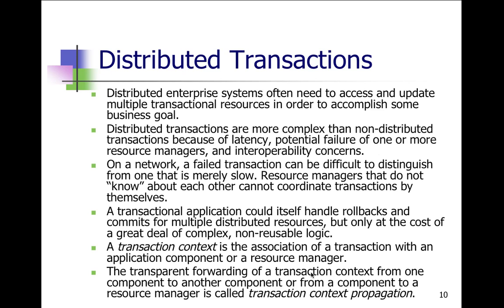They're all individually responsible for their own work and their own management. So, in terms of what the slide is telling you, with multiple distributed resources, you can put the handling in multiple times, but you have the cost of dealing with complexity and non-reusable logic for each one of them, or you can create a global system.